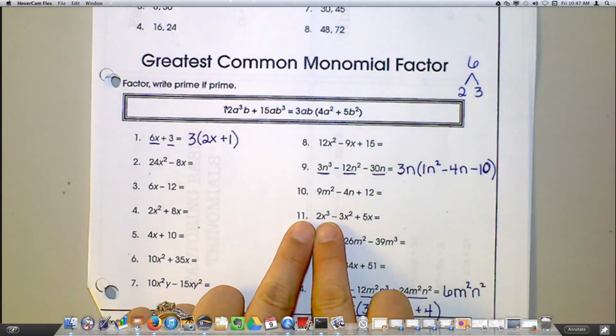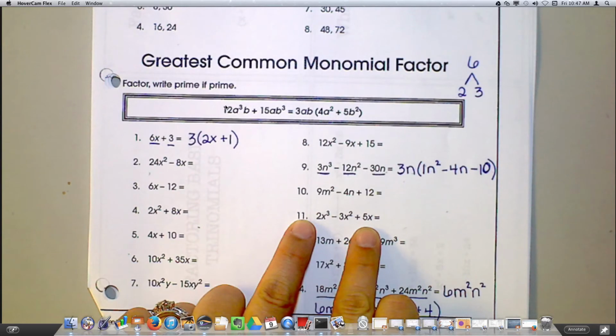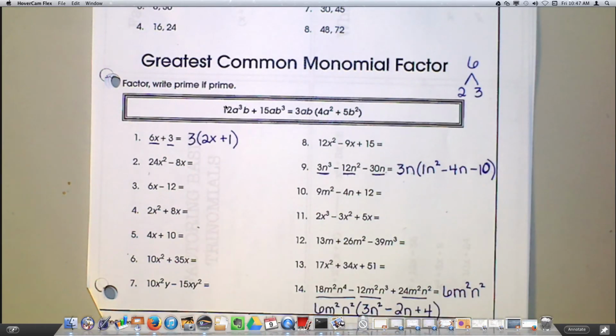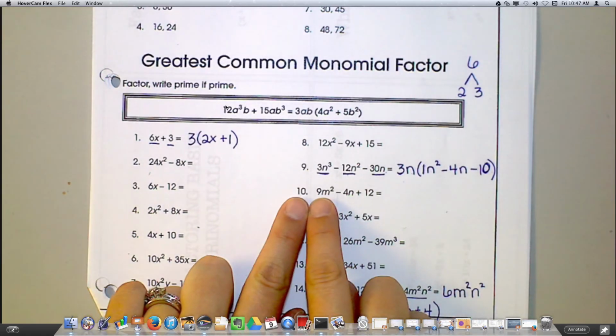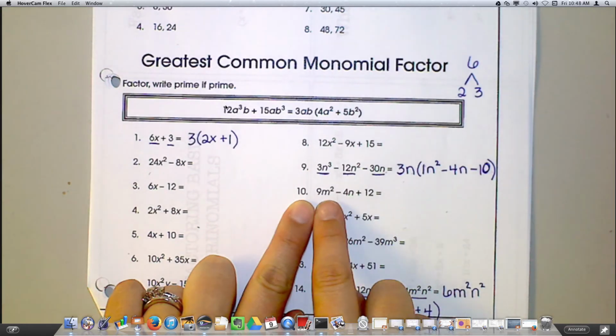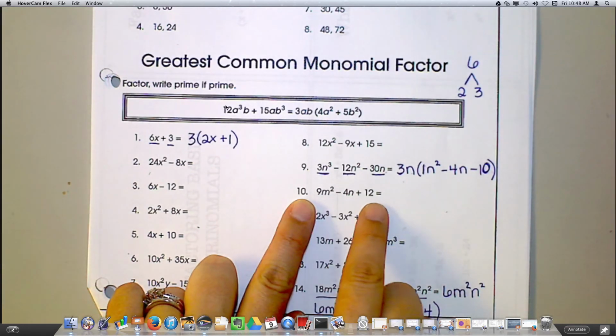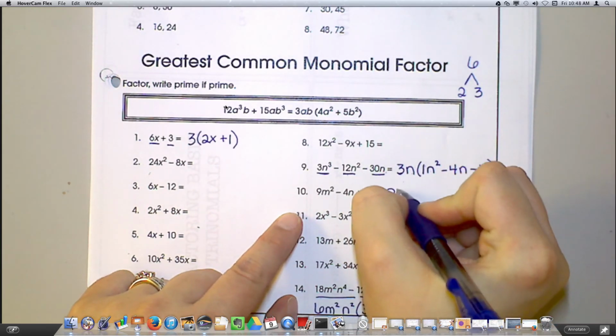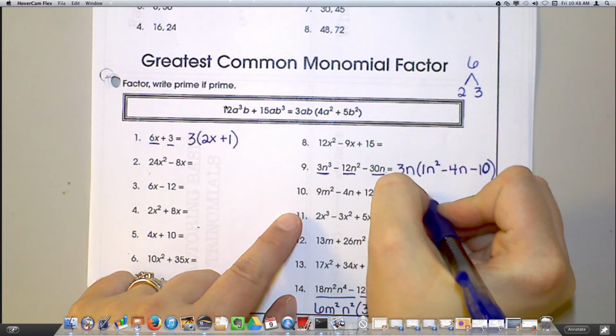Okay, 11 you couldn't take anything from the 2, 3, and the 5. But you could take some X's, right? 10. Because you can't take anything from 9, 4, and 12. They don't have anything in common. And this one has an M, this one has an N, and this one doesn't have anything at all. So this one here is prime. Okay, because there's nothing I can take from it.